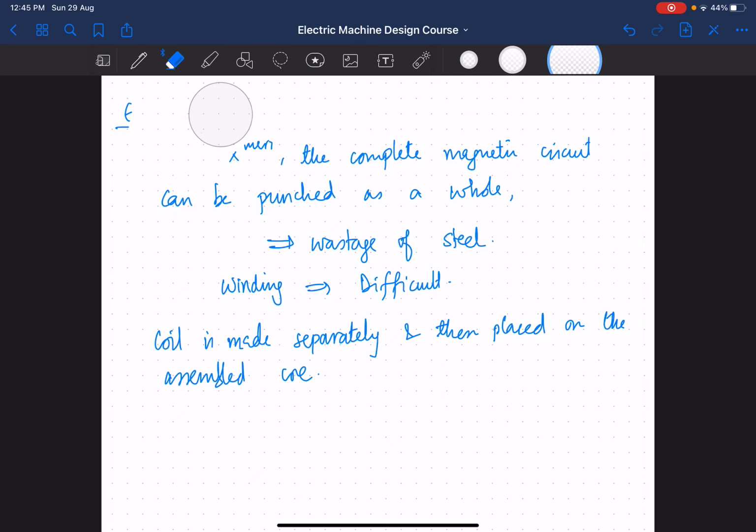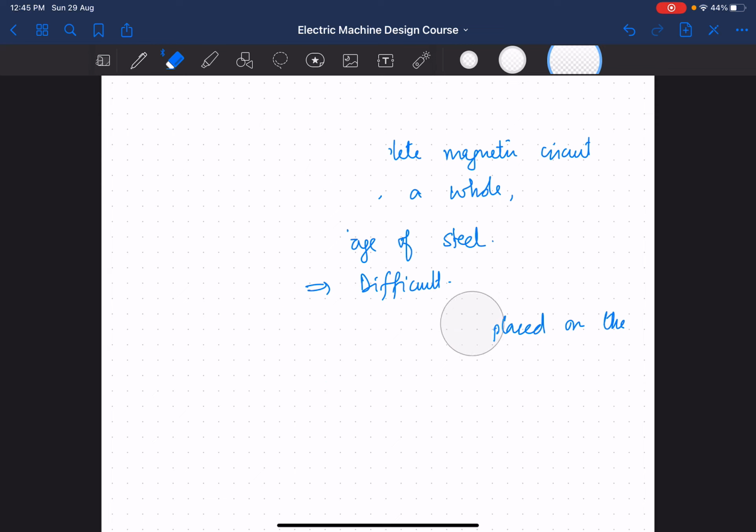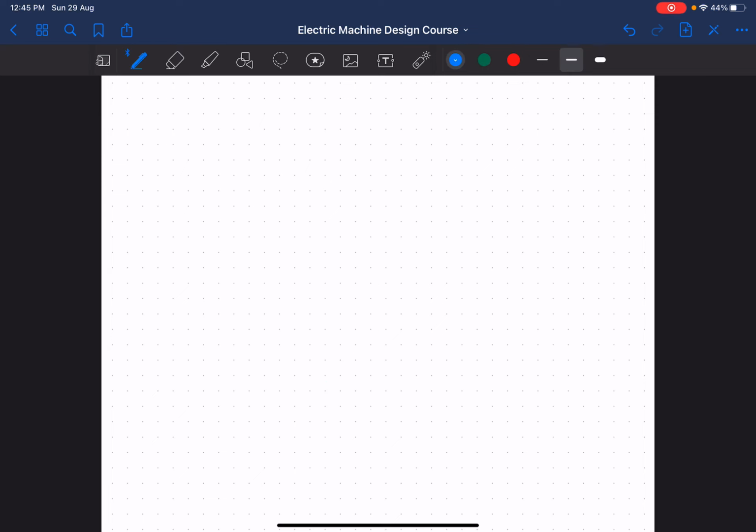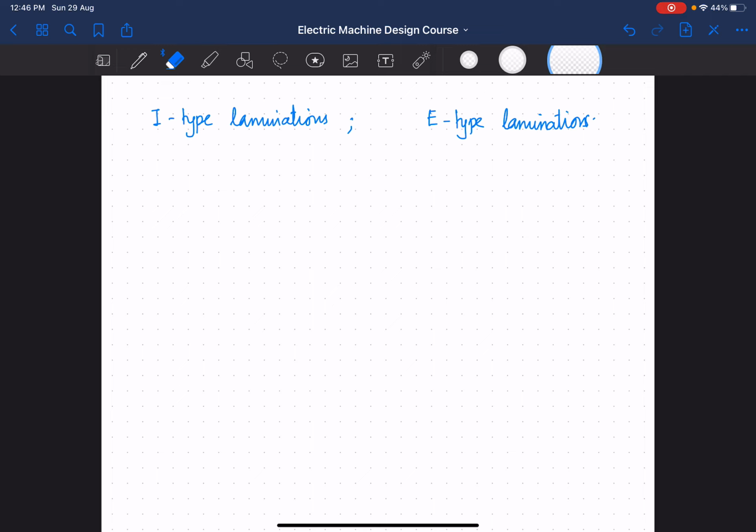Let me show you graphically. What we have are different types of laminations. We have I-type laminations, and we have E-type laminations, and they look something like this. You have laminations like this.